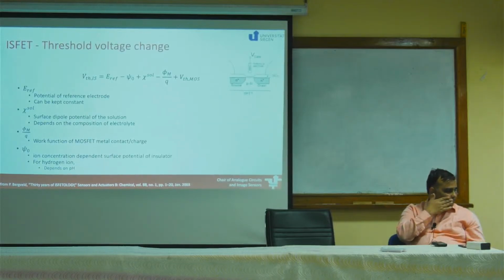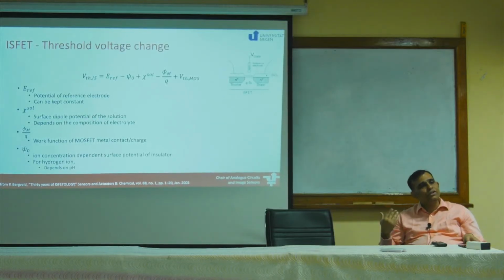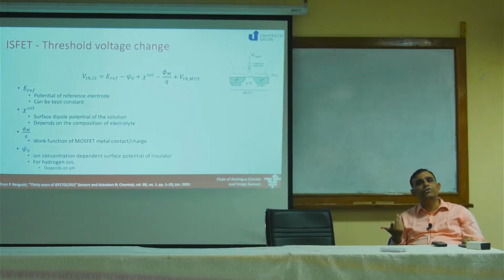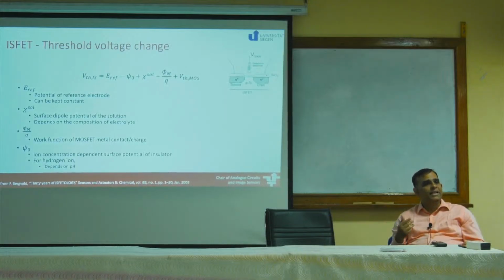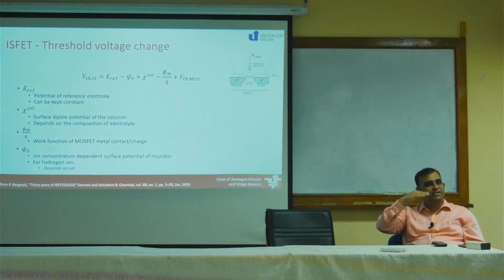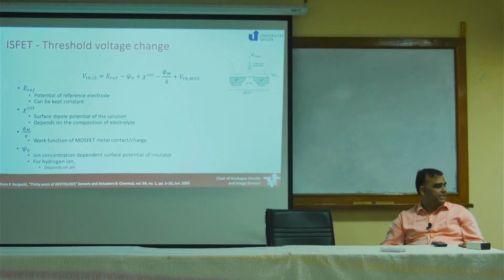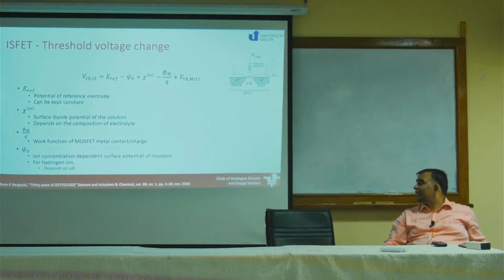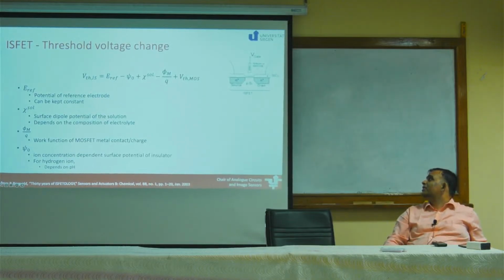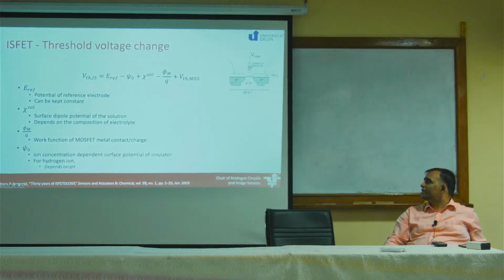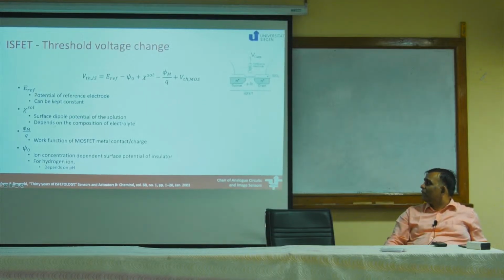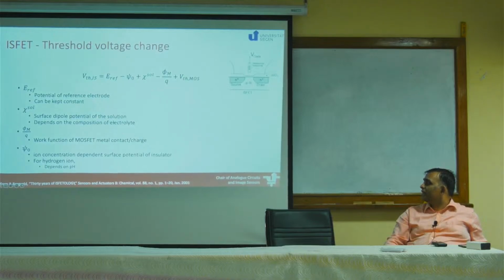Equation-wise, it looks as if it changes the threshold voltage of the transistor. Based on the number of charged particles the liquid has, it appears the threshold voltage has been changed according to this relationship. So there is a reference potential which has a voltage. Then we have a surface dipole potential of the solution.